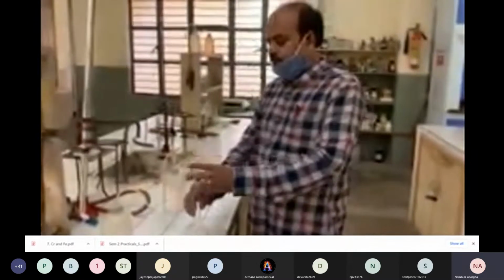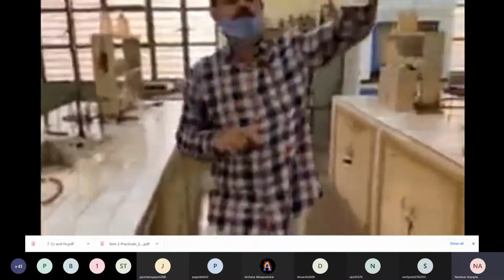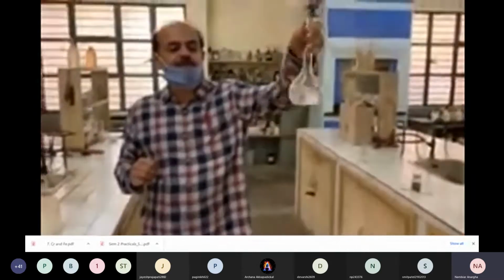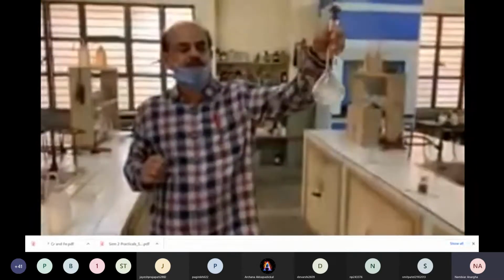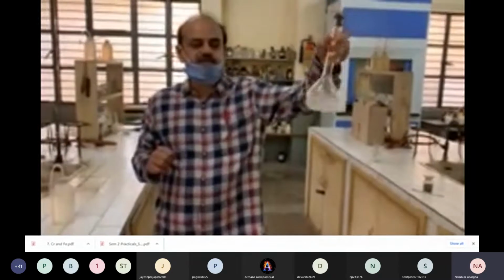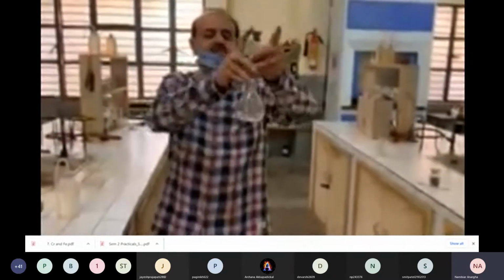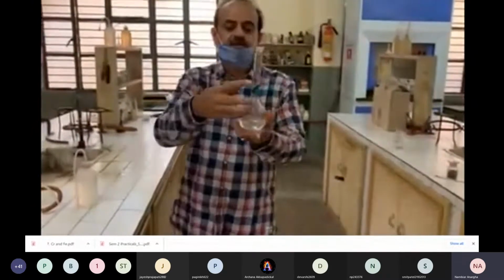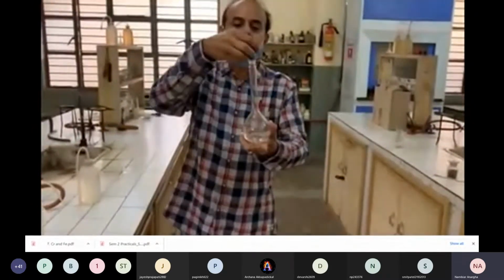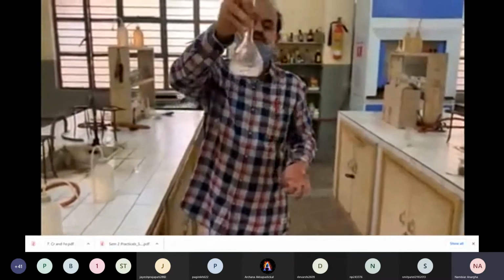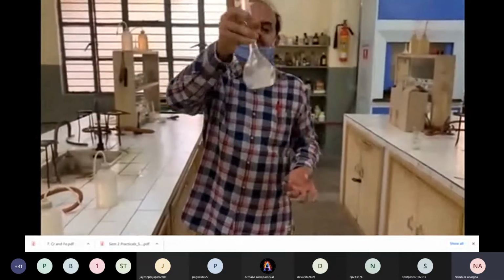Now I have to ensure that the crystals inside the flask are completely dissolved in water to form a solution of zinc sulfate, and I can take it as standard solution because I will be able to calculate its molarity using the weight of zinc sulfate that I have chosen. I have to ensure that it completely dissolves.